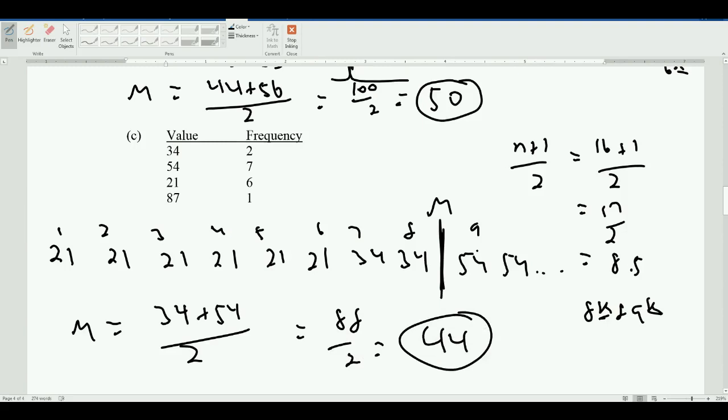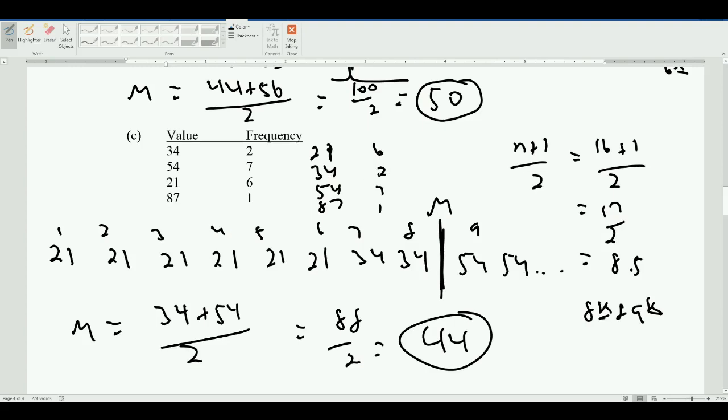Now I didn't have to list all of this. I could have come up here and rewritten this in correct order: 21, 34, 54, and 87. And then 21 had 6, 34 had 2, 54 has 7, 87 has 1. So if I'm looking for the 8th and the 9th, I can see that I have 6, 7, 8.